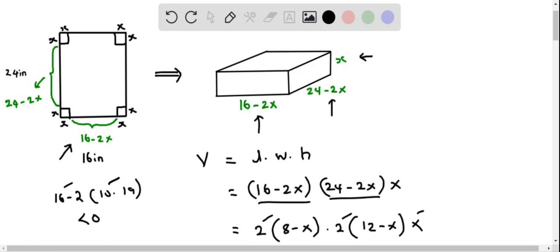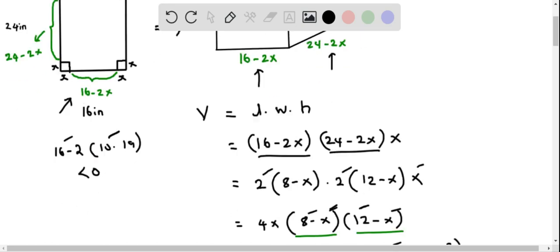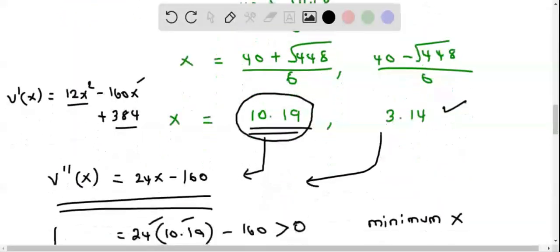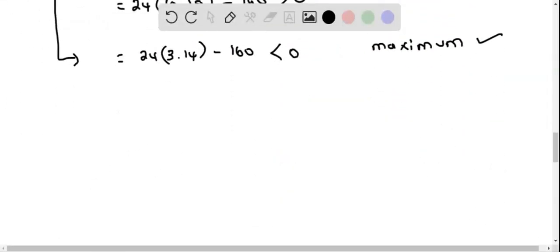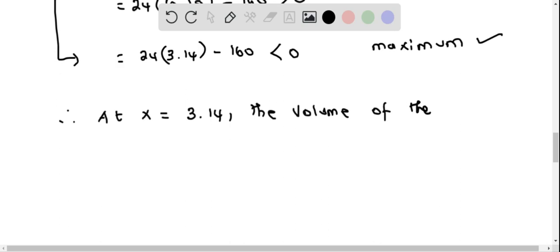So it is not in the domain of the volume function. So that is why we ignore that. And so therefore we can now see that only at x equals 3.14, the volume of the box is maximum.